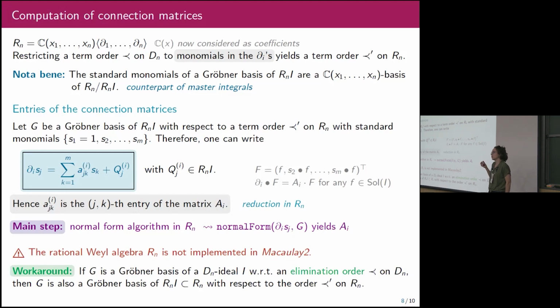To compute a Gröbner basis of the ideal in the rational Weyl algebra, we computed a Gröbner basis of the D-ideal I. Then for specific term orders, namely elimination orders, which allow you to eliminate the contribution of the x variables, this also gives you a Gröbner basis of the ideal in the rational Weyl algebra. There are algorithms for this reduction, and we had to do a small modification for the rational Weyl algebra.